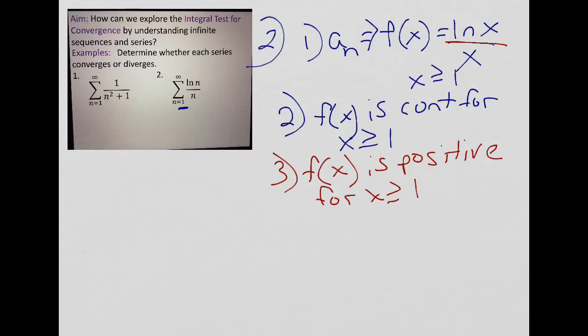So if I plug in 1, no problem. Even if I plug in 1/2, we are going to be able to get a positive value. So this is good. Again, it's positive for values of x that are greater than or equal to 1.